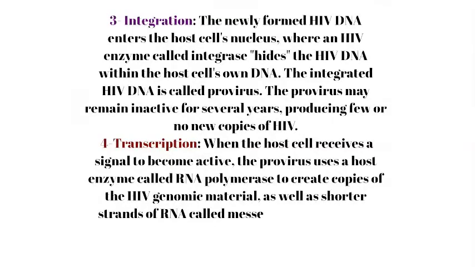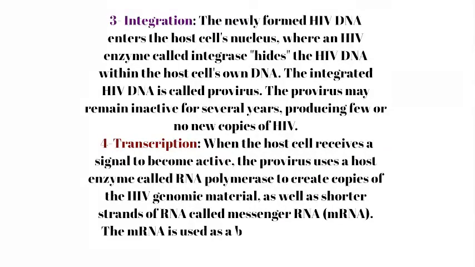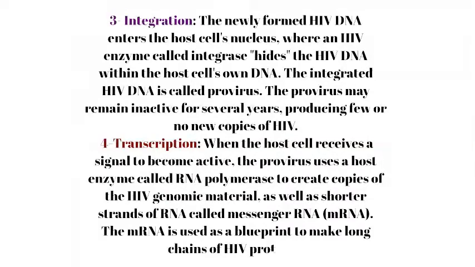When it is using the host RNA polymerase, it is going to create copies of HIV genomic material, as well as shorter strands of RNA, which we call messenger RNA. This messenger RNA is going to be used as blueprints to make long chains of HIV proteins.